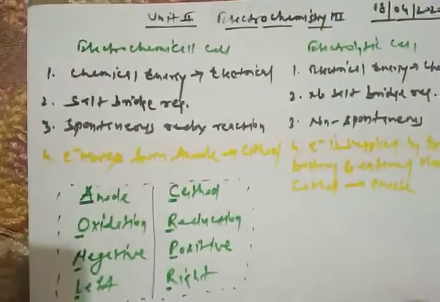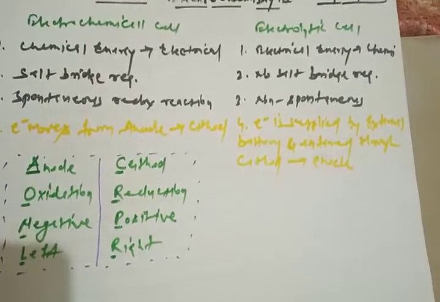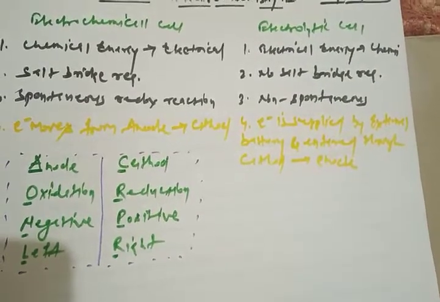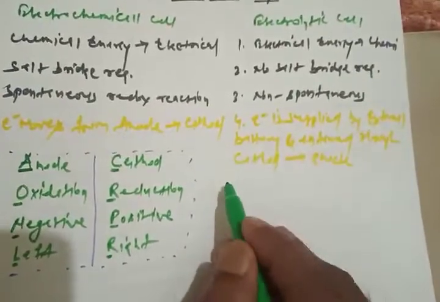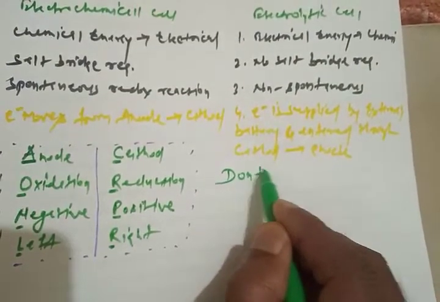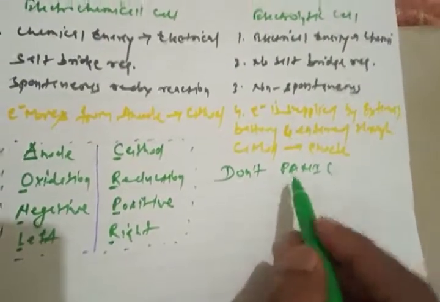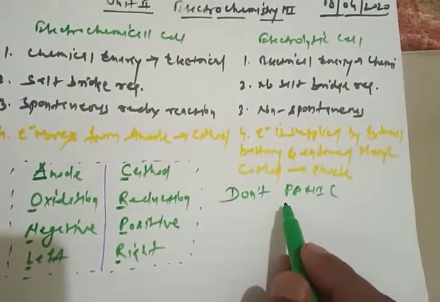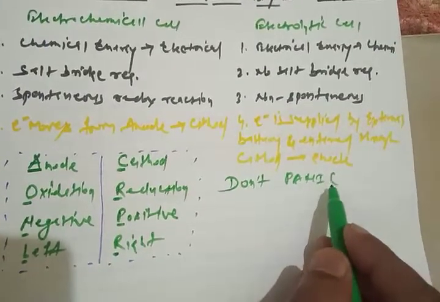Now similarly, in the case of the electrolytic cell, don't panic, we can remember it also. PANIC. So here the positive is anode, negative is cathode.